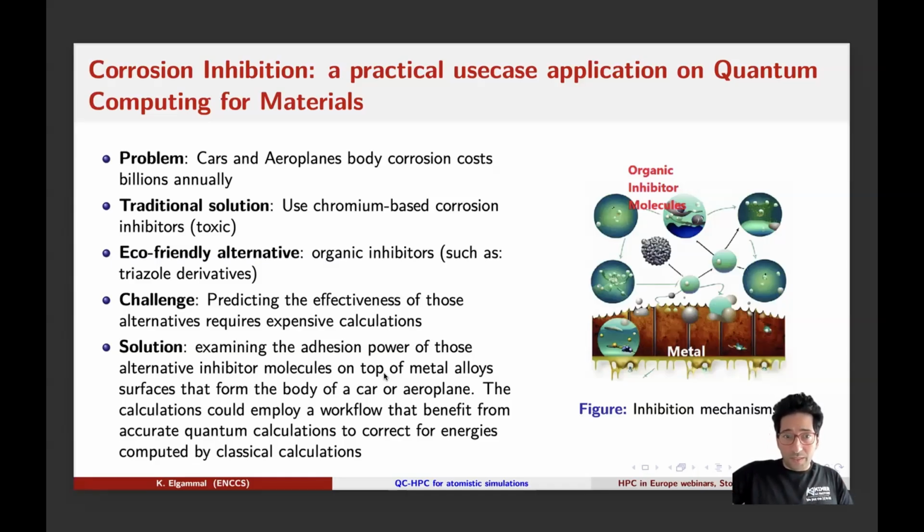Chromium is used heavily in industry as a corrosion inhibitor, and chromium is toxic. So there is a move towards organic inhibitors, which are eco-friendly alternatives, and that's where a lot of research into screening them comes in.